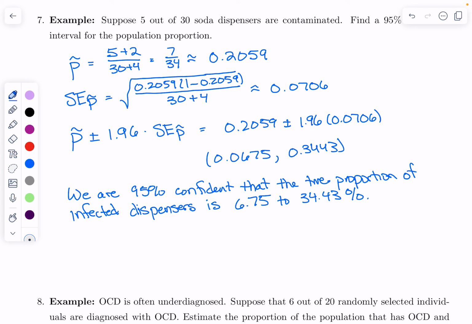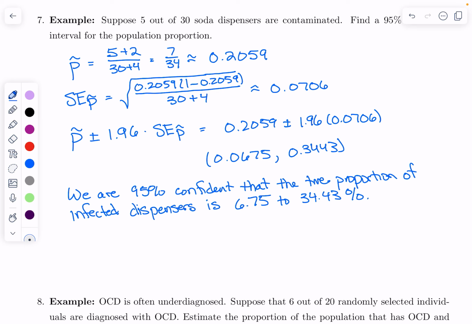And what we mean is that if we took repeated samples of 30 soda dispensers, 95% of the intervals that we construct would contain that true proportion of contaminated soda dispensers.